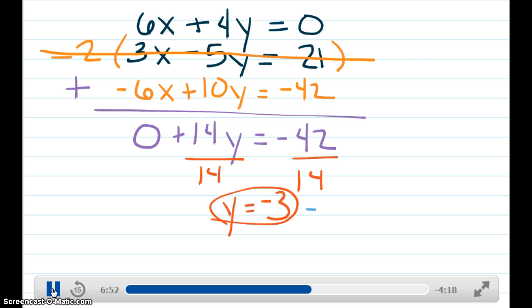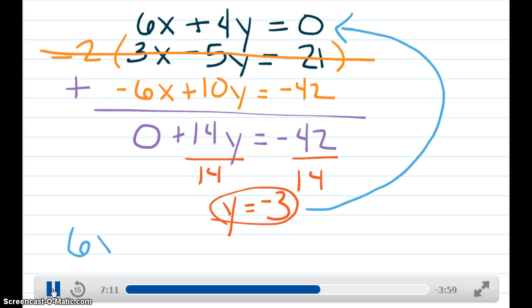Now, remember, we're going to plug it in. And you can plug it into now either of 3 equations. You have the 6x plus 4y equals 0. You have the 3x minus 5y equals 21. Or you have the negative 6x plus 10y equals negative 42. I'm going to do it to the first one.